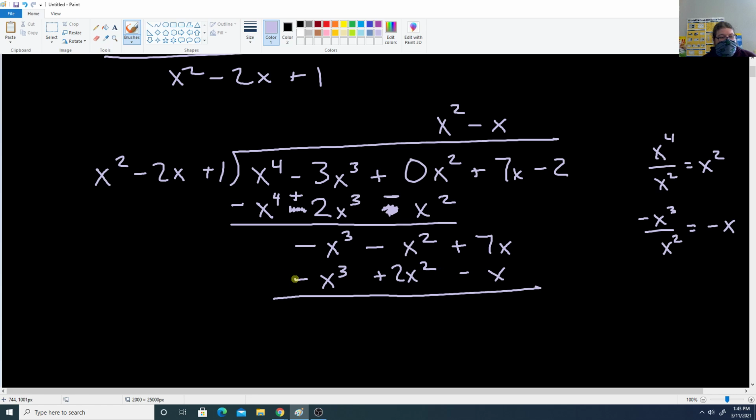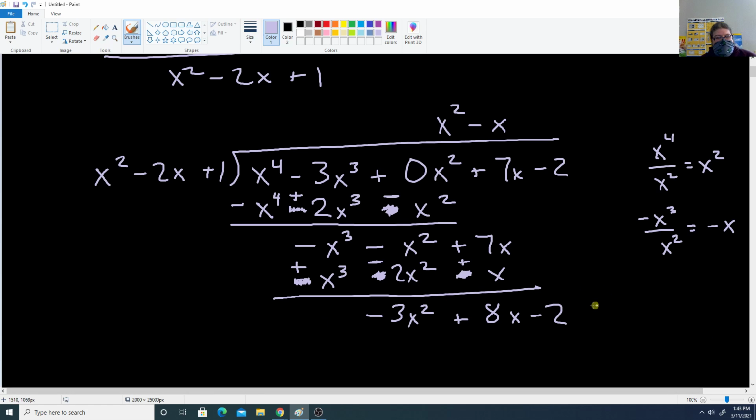We flip the signs: negative becomes a positive, positive flips to negative, negative becomes a positive. And we add stuff up. Negative x cubed and positive x cubed cancel. Negative x squared minus 2x squareds is negative 3x squareds. 7x plus another x is 8x. Bring down the negative 2.